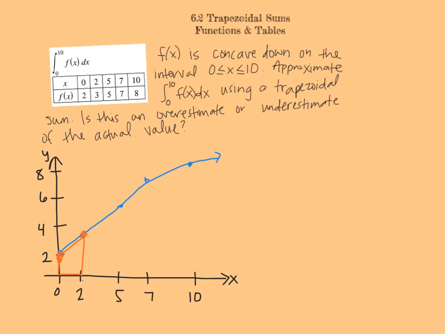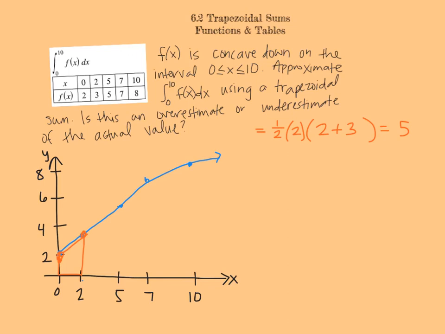So our first trapezoid is half of that delta x, half of 2, times the heights of the trapezoid, those side lengths, so 2 and 3, which we get from here. So that one is 1 times 5. All right, let's try our next one.